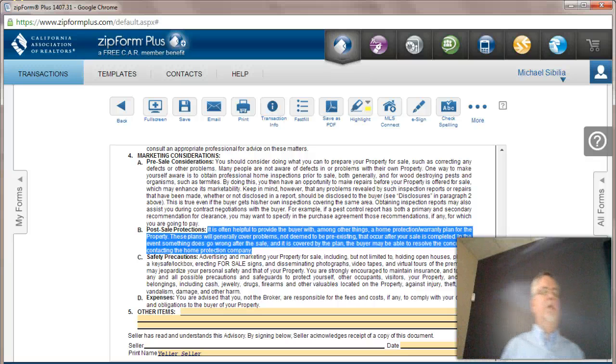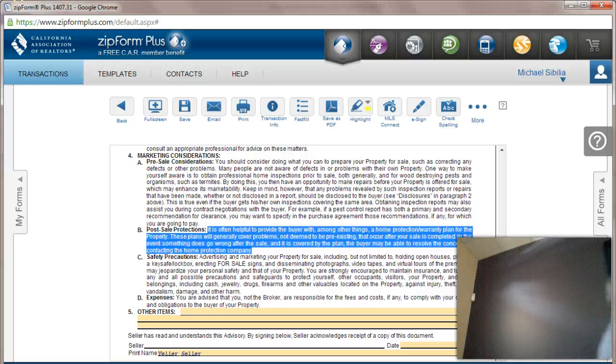What seller's coverage does is that it starts the home warranty protection during the listing period and the escrow period. How about that? So if during the listing the dishwasher breaks, they can make a service call and have it fixed.